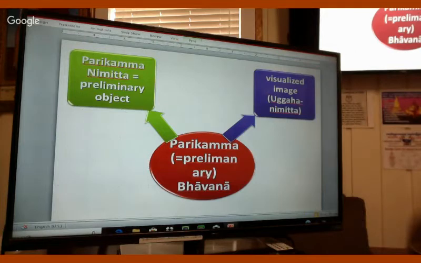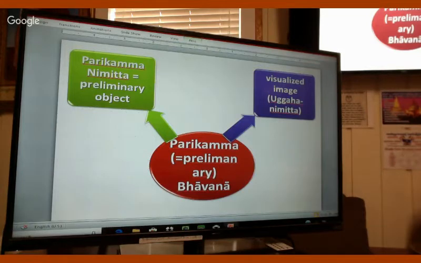And then after that, upachara bhavana, the approximate meditation. And then the last one, appana bhavana. Appana means absorption, very absorbed, totally absorbed.